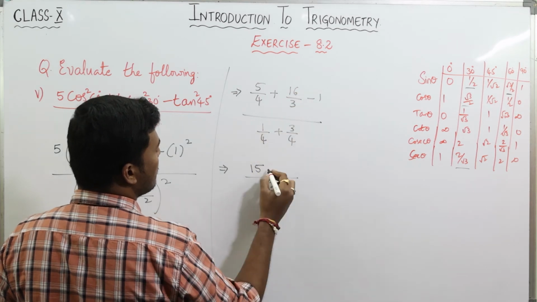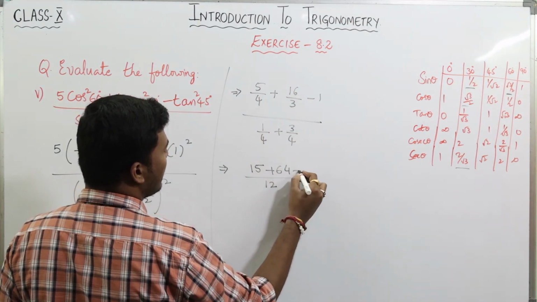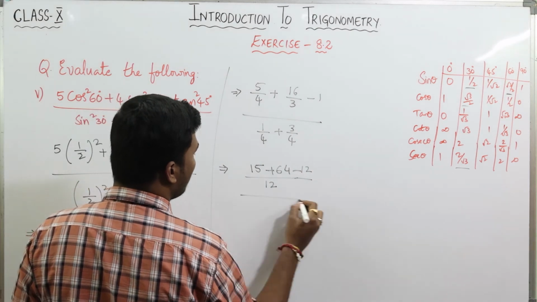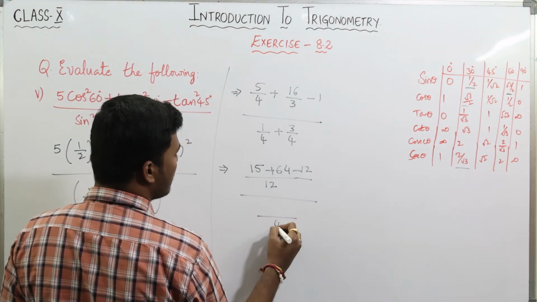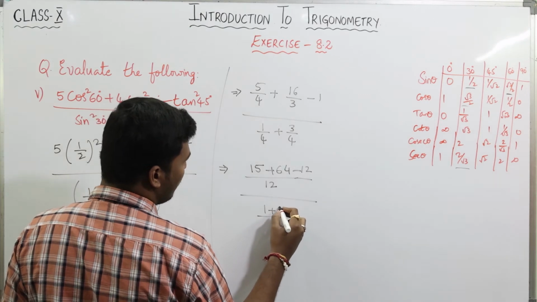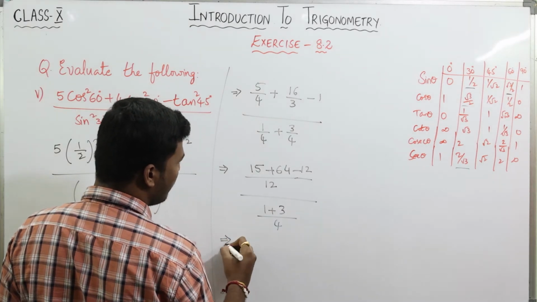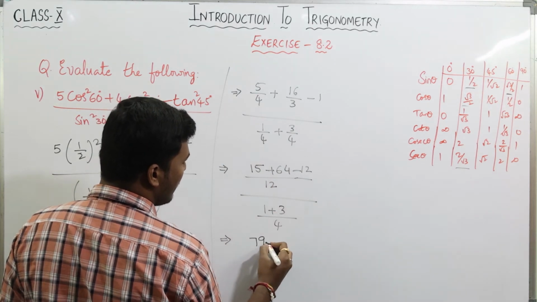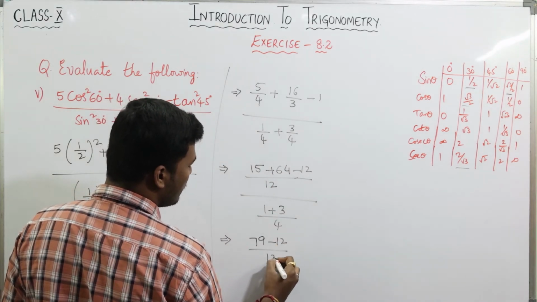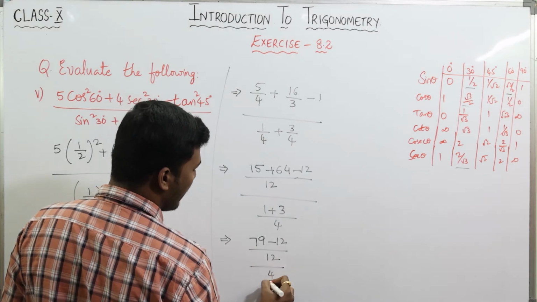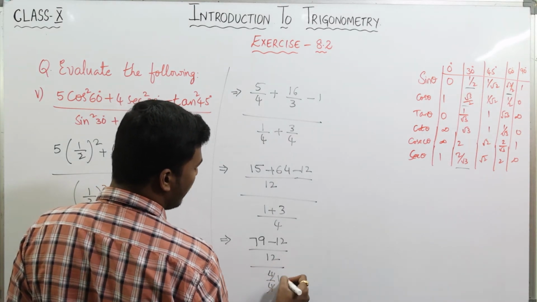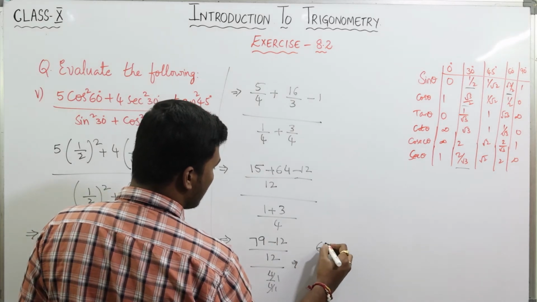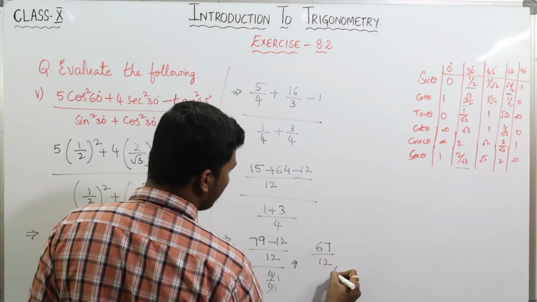Next 16 4s are 64 minus 12, divided by, in the denominator 4 will be the LCM, 1 plus 3. Then this will become 15 plus 64 is 79 minus 12 by 12 by 4 by 4. These two get cancelled, right? 1 by 1. This implies 79 minus 12 is 67 by 12.